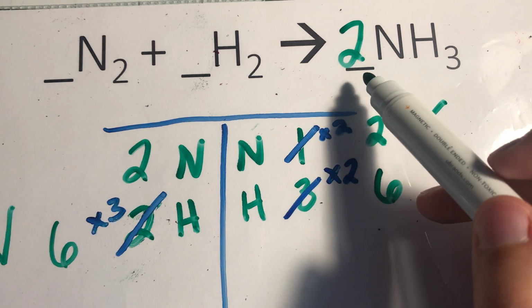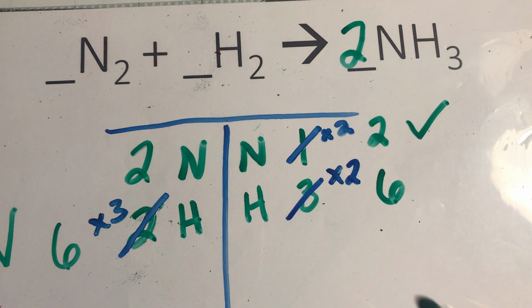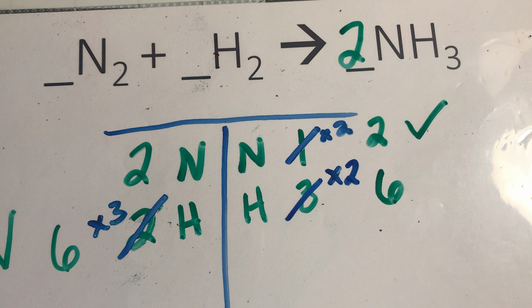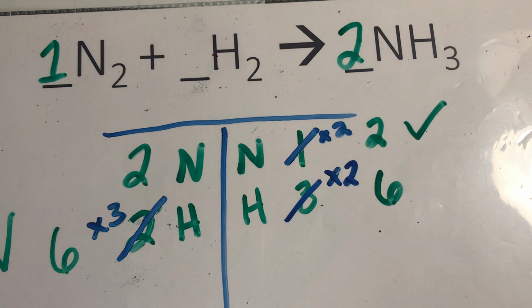But now we need to make sure that we're representing the changes, okay, that we made. We are going to keep the 2 here because that seems to check out. And then on this side, we need to represent the manipulations that we did, of which the 2, that's from the beginning, so we did not do any sort of manipulation whatsoever. So you can say that there's an implied 1 in front of the nitrogen, right?